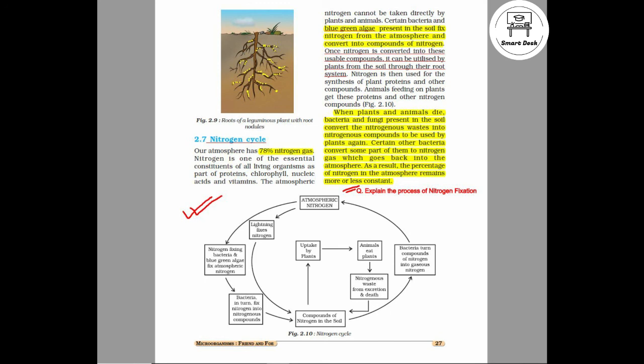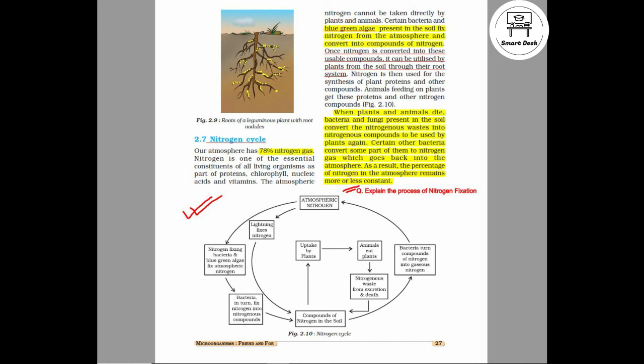Also, atmospheric nitrogen is fixed during lightning, which helps in soil fertility. Certain bacteria and blue-green algae present in the soil fix nitrogen from the atmosphere and convert it into compounds of nitrogen, which can be used by the roots of the plants for their nutrition.